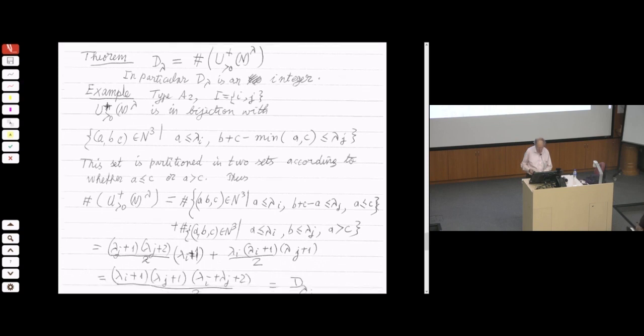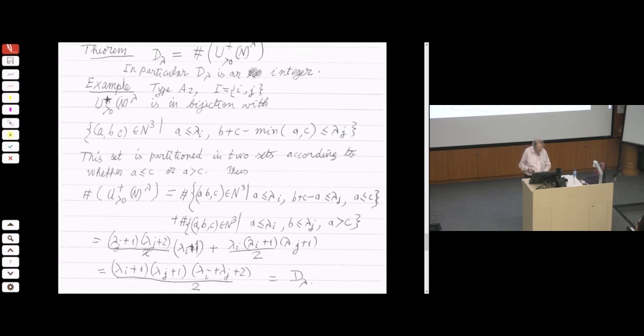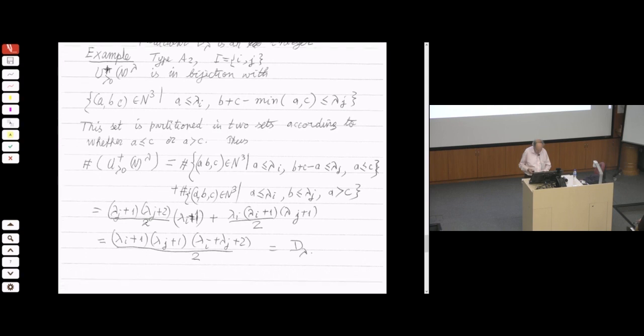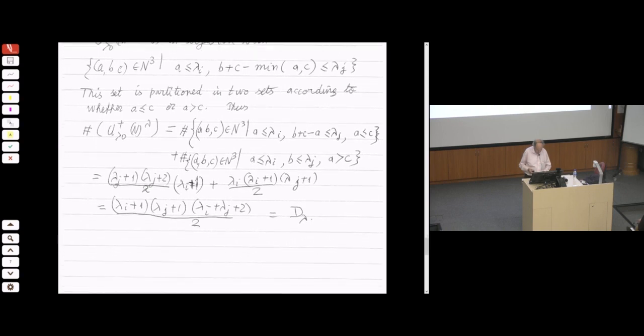And actually, this you can count. It's very easy to compute how many such triples you have in each case, and you find that this one plus this one, and the two things together will give you exactly d lambda.